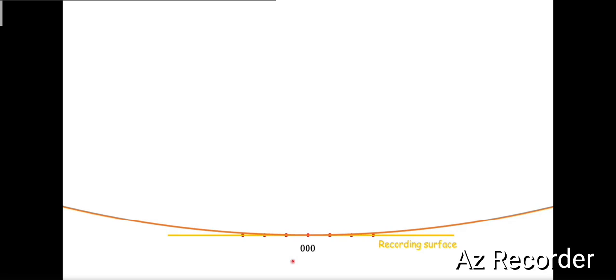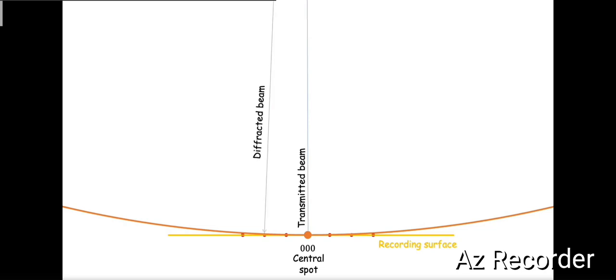For example, the origin of the reciprocal lattice, the OOO point, corresponds to the transmitted beam. So corresponding to that, there will be a spot which is the transmitted spot or the central spot of the diffraction pattern. Any other reciprocal lattice point lying on this Ewald surface corresponds to a diffracted beam and will give a diffracted spot on the recording surface.